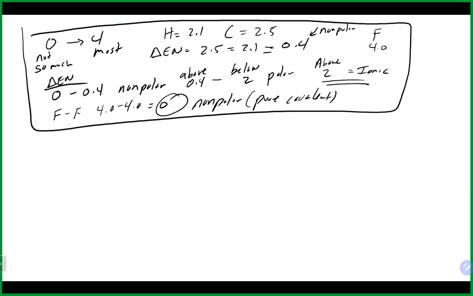You can show this in a polar bond like HF. What happens because of the unequal sharing of electrons between those two? If you took 4 minus 2.1, I think it's 1.9 that you get when you take that difference. That means the fluorine, which is more electronegative, will gain a partially negative charge, and the hydrogen, which is more positive, will gain a partially positive charge.